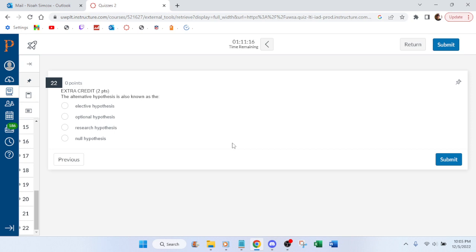Alternative hypothesis is also known as... Oh, geez, I don't remember. Do I have it written down somewhere? Oh my gosh, the answer is on my piece of paper. It's the research hypothesis. That's awesome. Free 2 points.